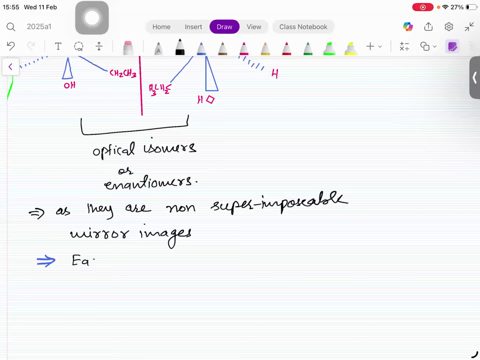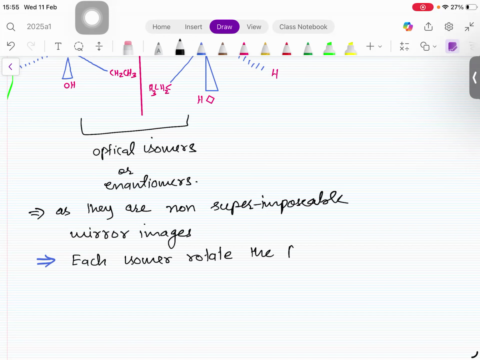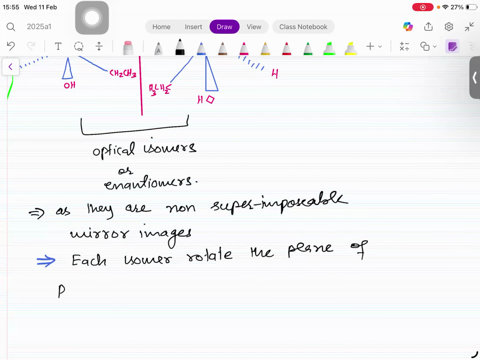Each isomer rotates the plane of polarized light in opposite direction.